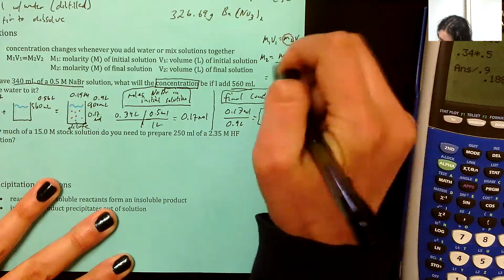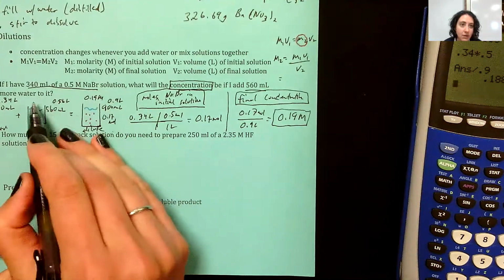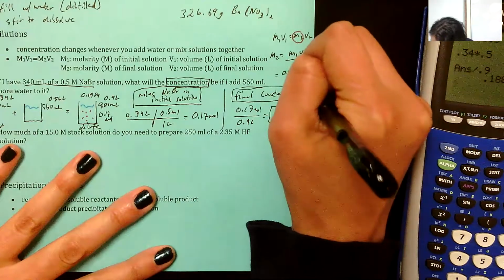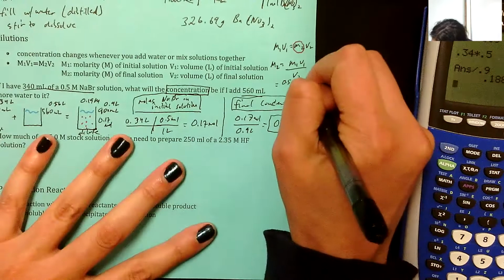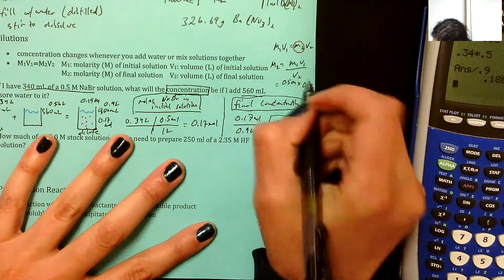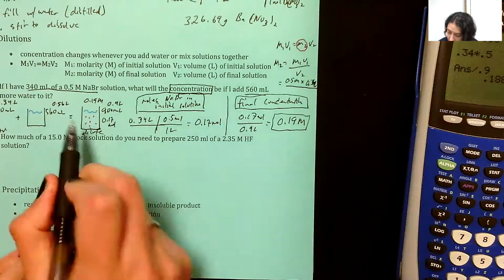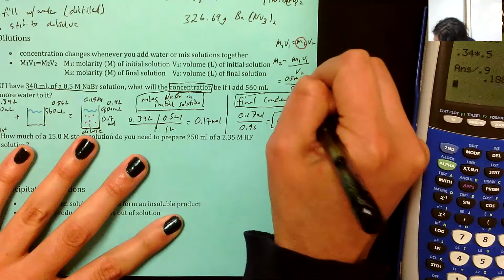So we would need to know the initial concentration, which was 0.5 molar. The initial volume, which was 0.34 liters. Sorry, I'm running out of space, but we're going to try our best. And then the final volume, so we still had to add the numbers together to get 0.9 liters.